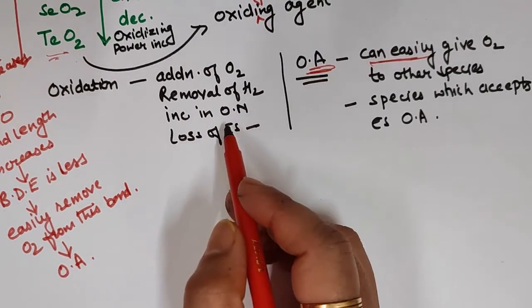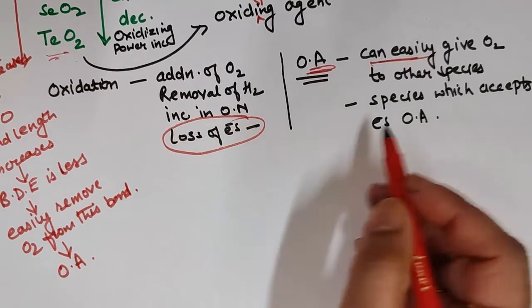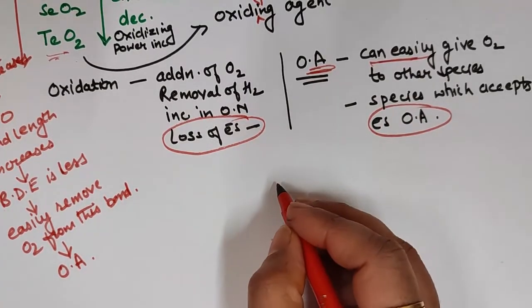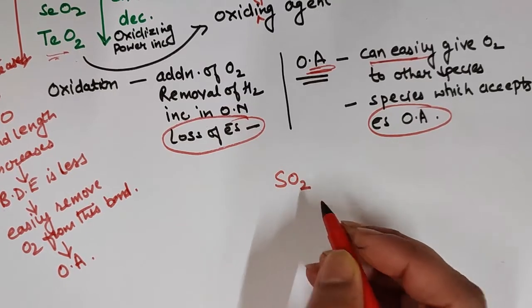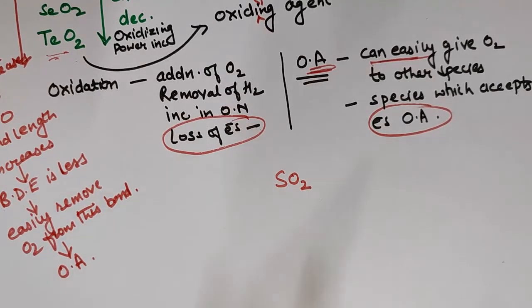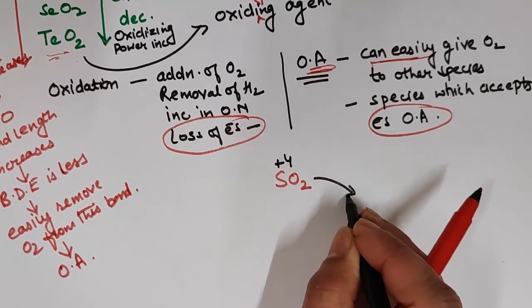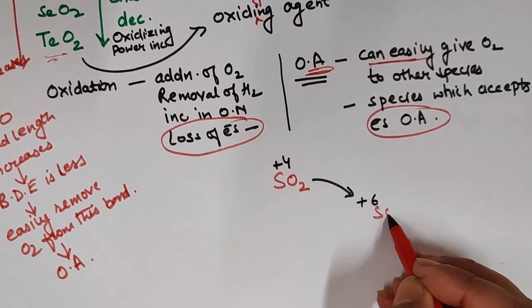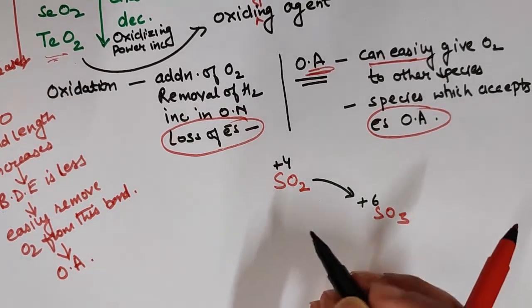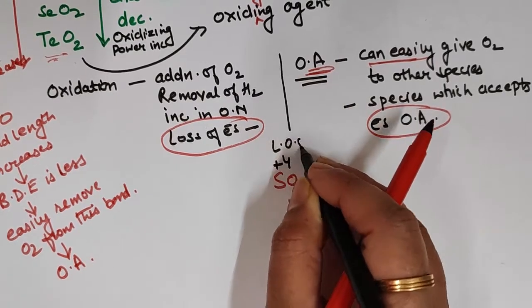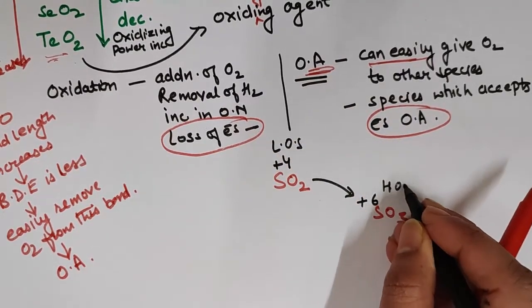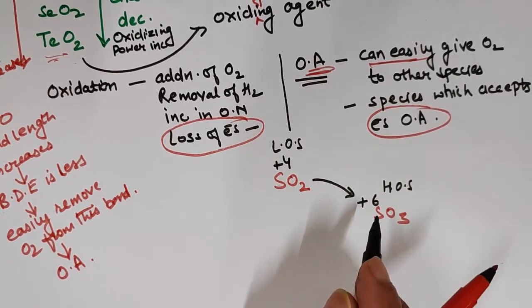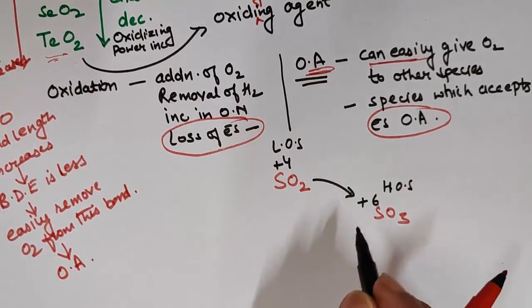Let us try to understand this in terms of electrons. Let me take the example of sulfur dioxide. In sulfur dioxide, sulfur has a +4 oxidation state. If it goes to +6 oxidation state, as in sulfur trioxide, it moves from a lower to a higher oxidation state, losing 2 electrons.